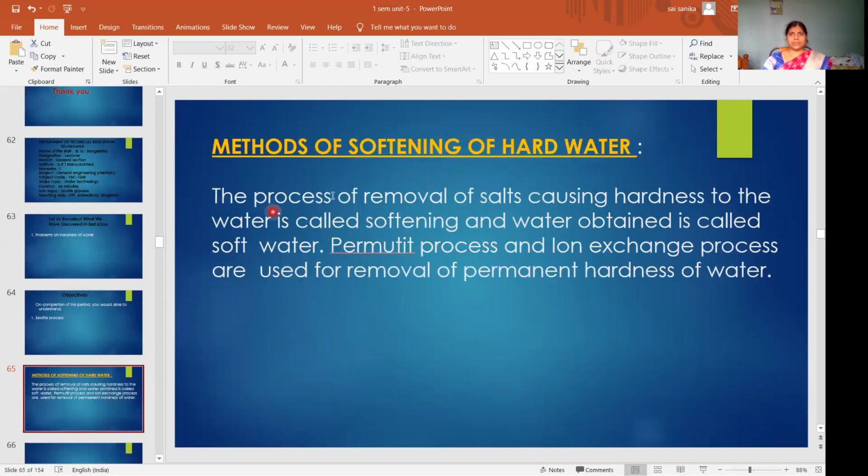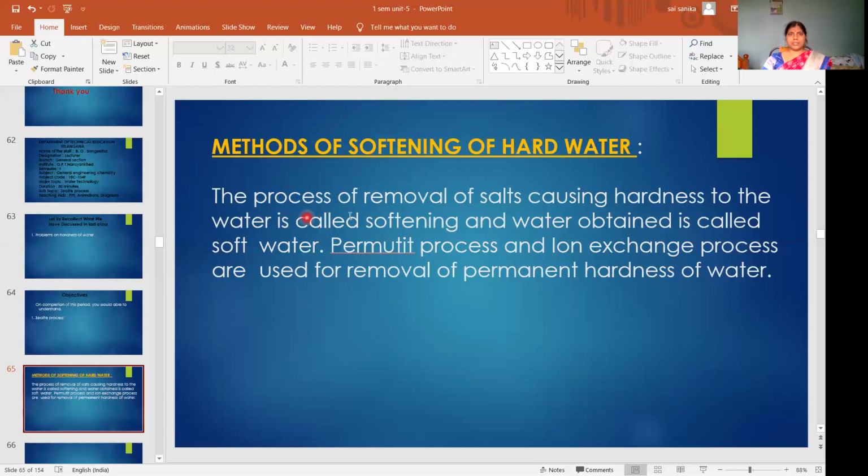Methods of softening of hard water. We will apply some methods to soften the hard water. Softening means conversion of hard water into soft water by removing the salts present in that hard water.